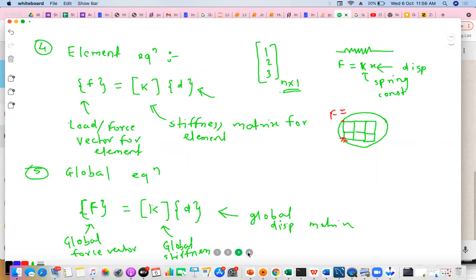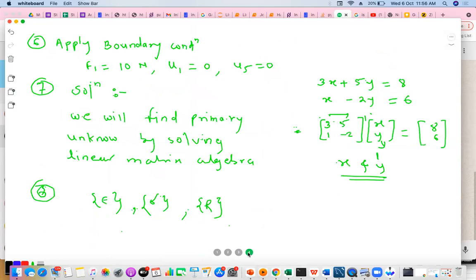Fifth will be writing the global equation, the sixth step will be applying boundary conditions, and seventh will be solving it. And the eighth step will be finding the secondary unknowns. So this is all.